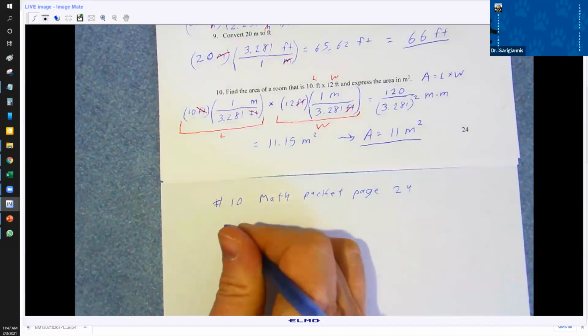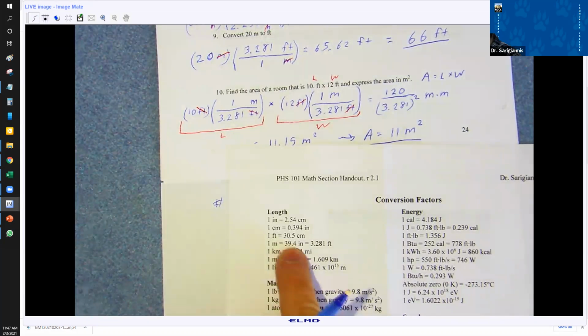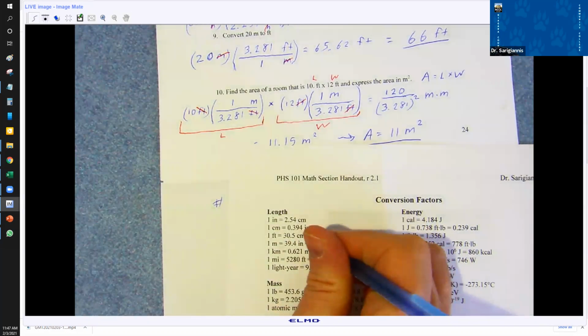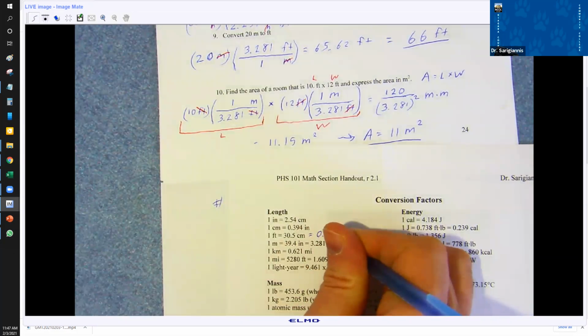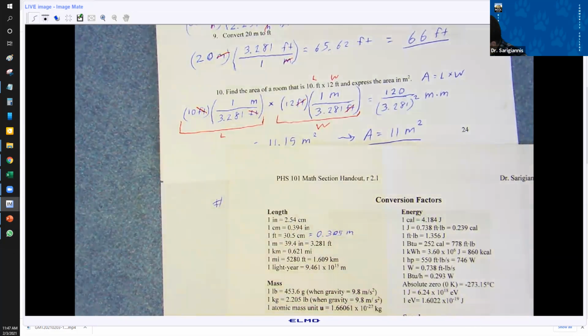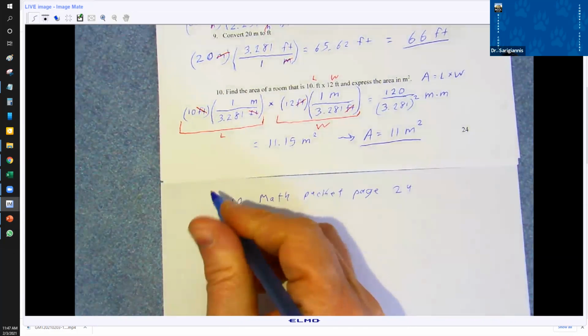So now we're going to use the other conversion factor, with feet and meters. Victor used this one: 1 foot is 30.5 centimeters, which is also equal to 0.305 meters, right? So let's do it that way.